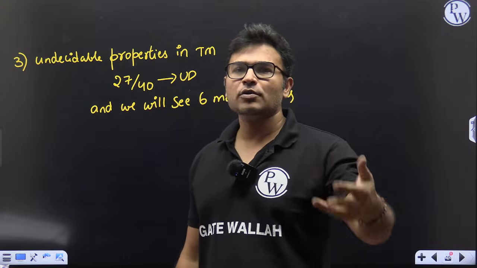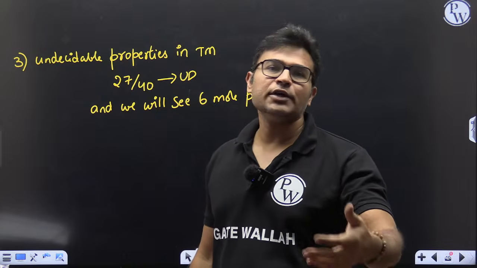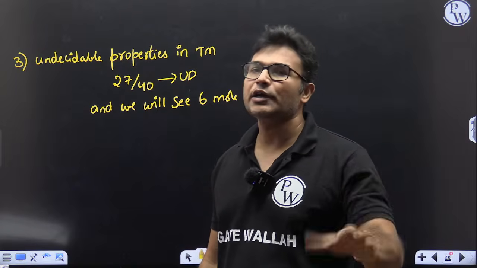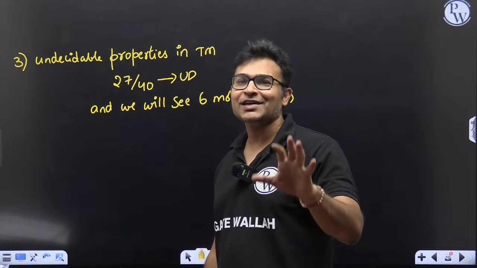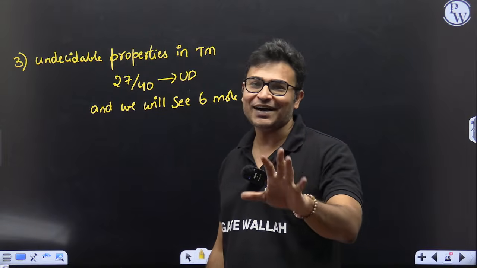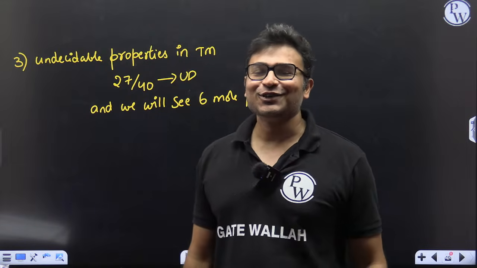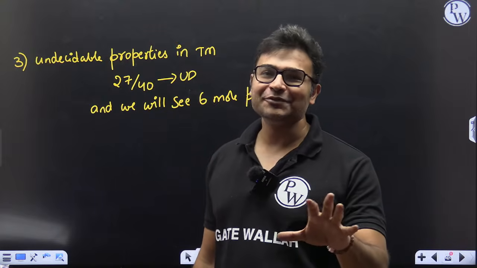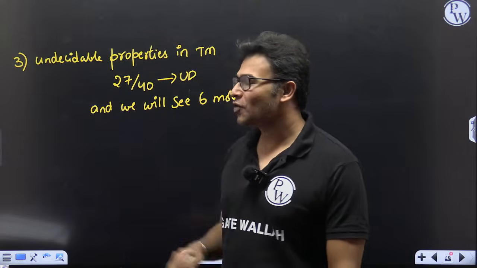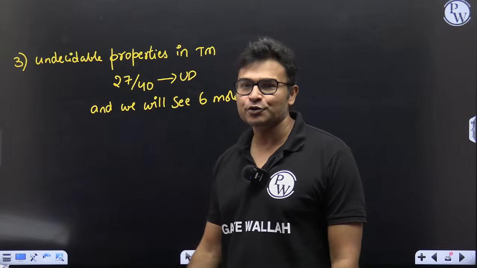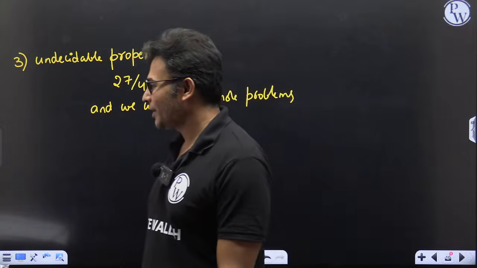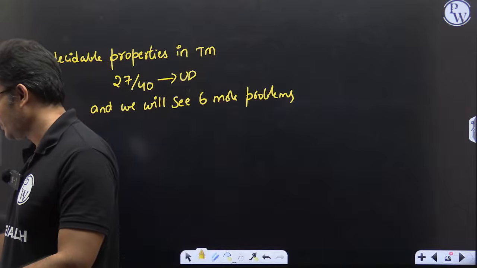Most of the problems related to Turing machines are undecidable. So blindly if you mark the question as undecidable, you will get a mark. But don't follow that blind method. I'm just saying, anyway we are going to see all the undecidable problems related to Turing machines.